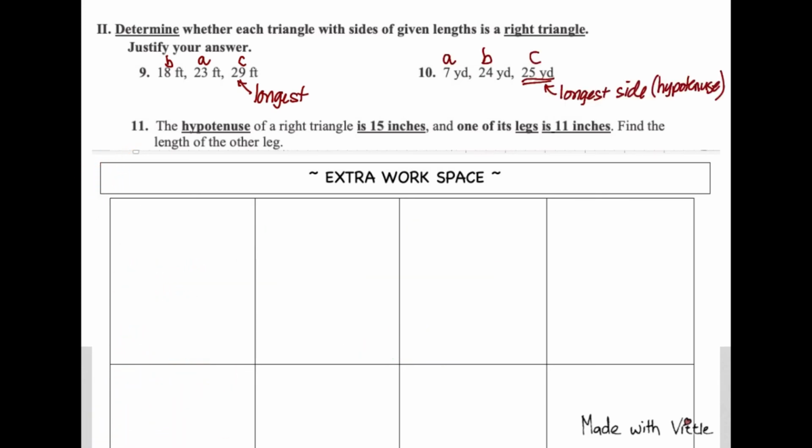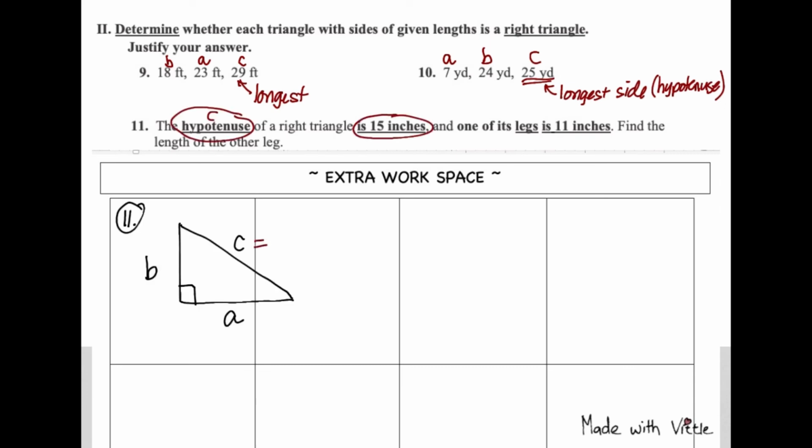The hypotenuse of a right triangle is 15 inches, and one of its legs is 11 inches. Find the length of the other leg. Remember, it doesn't matter which leg is 11 inches. You can assign the B as the 11 inches or the A as 11 inches. Now write down the formula A squared plus B squared is equal to C squared.